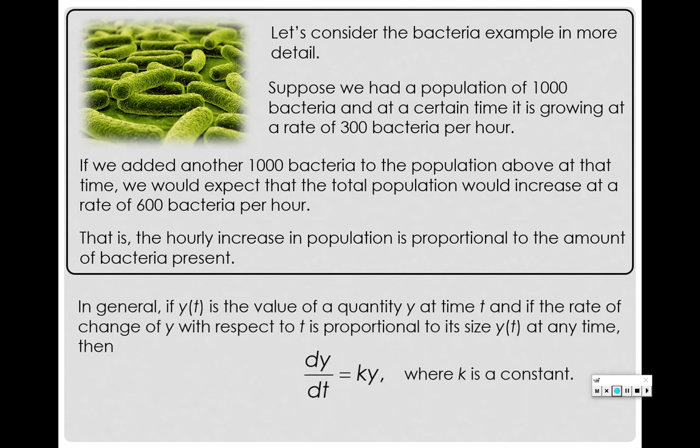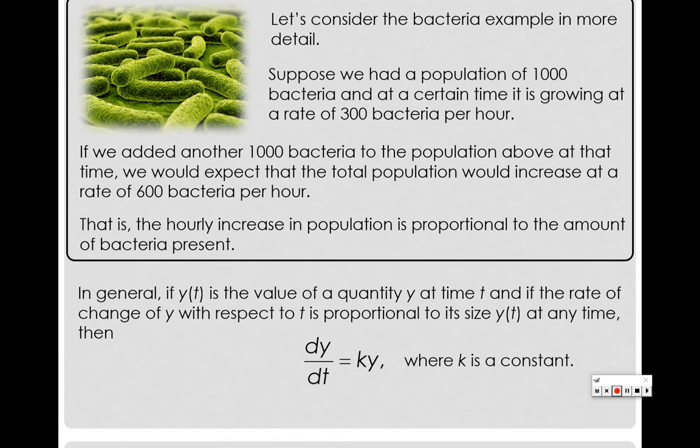That comes to a very simple differential equation for this situation, for exponential growth. The change in population, dy dt, is equal to some constant, depends on what we're talking about and how fast it grows, times how many there actually is right now. And this is the k value that we'll talk about a lot here, it's that proportionality constant.